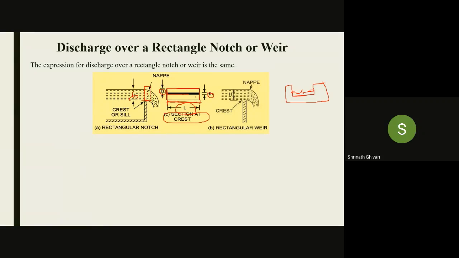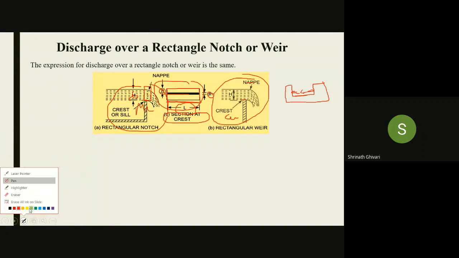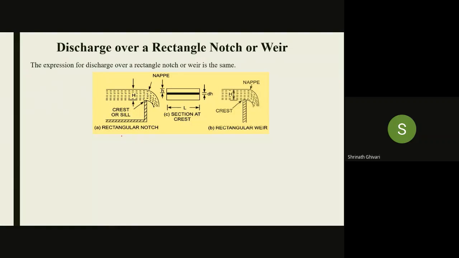The same rectangular notch is there for a rectangular weir. It also has a crest and a nappe, but the only difference is that it is made of metal, cement or masonry structure. While deriving the expression, I will tell you what H, small h and dh are, but the length will be L.